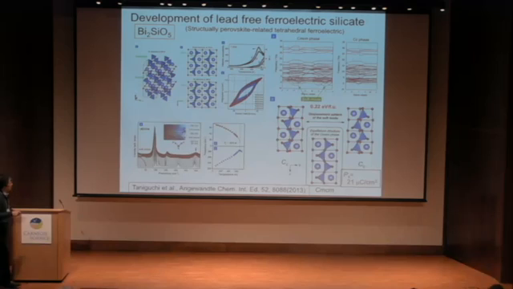Anyway, this material shows a ferroelectric transition temperature at around 673 K. You can see the peak top in the direct measurement of the P loop. The important information is that this material has a ferroelectric soft mode. This figure shows the temperature dependence of the frequency of the ferroelectric soft mode.